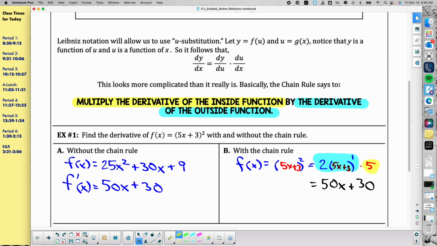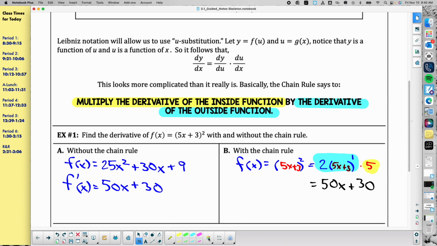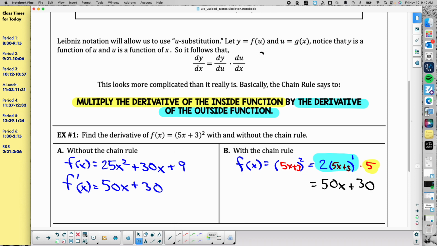The terrible part is this is labeled f of x. So let's, what the heck? Oh, I got it on highlighter. Okay. Yep, that's good. So let's say f of x, we'll use the u and the v that I think you guys have probably seen sometimes.